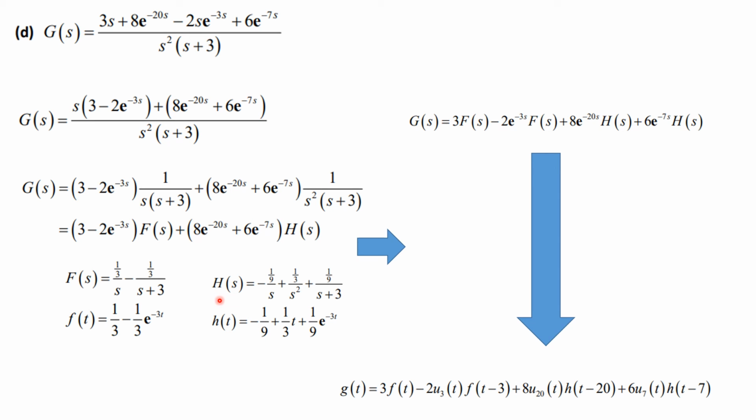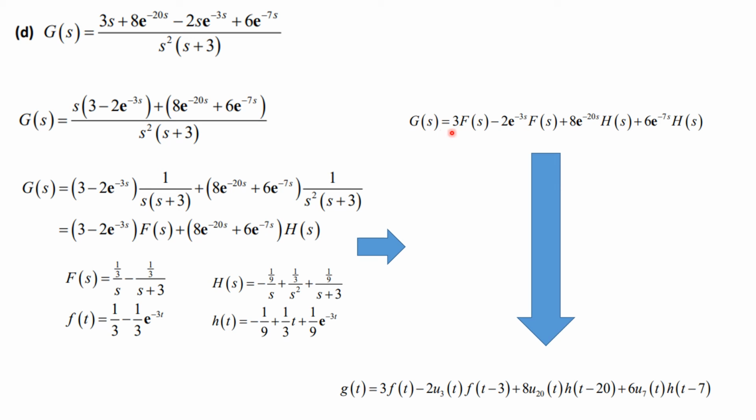H is going to work similarly, except it's a different denominator, so it's going to be minus 1/9 over s plus 1/3 over s squared plus 1/9 over s plus 3. And the inverse Laplace transform of that is going to be minus 1/9 plus 1/3 t plus 1/9 e to the minus 3t.